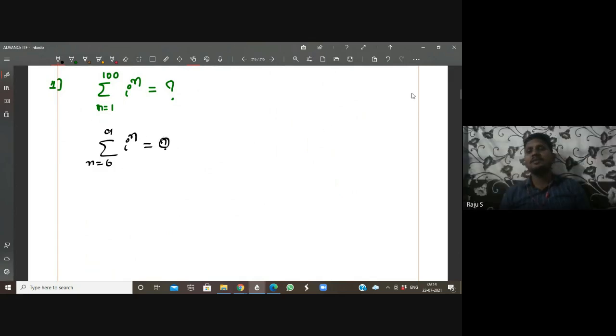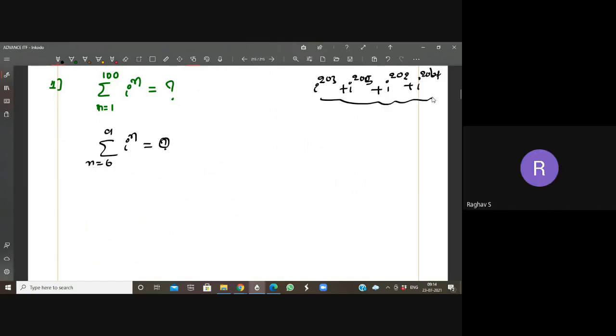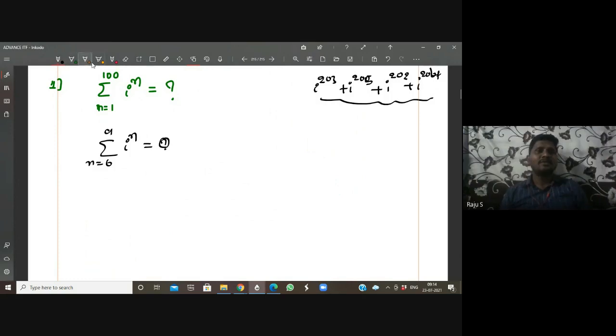Okay, students, if we have continuous values, for example, what is iota power 203 plus iota power 205 plus iota power 202 plus iota power 204? What about this value? 0, sir. Because continuously 4 values, 2, 3, 4, 5, is 0 obviously.